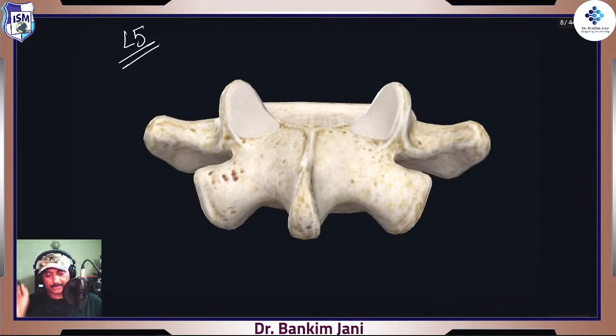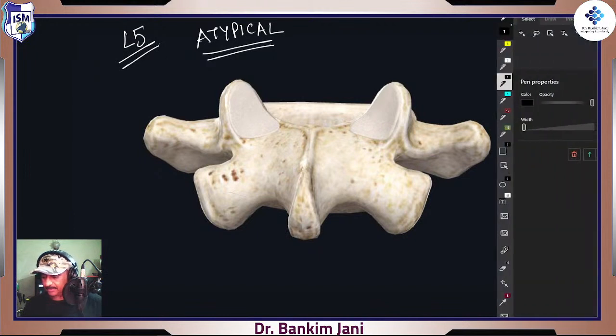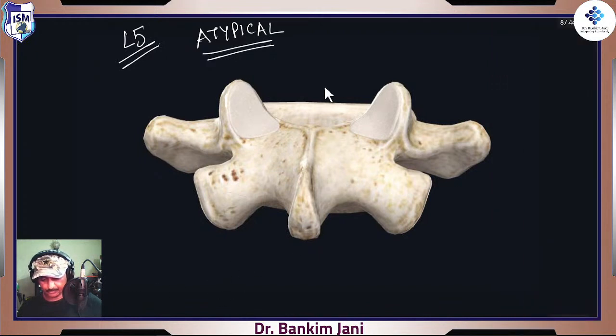First we are watching this L5. When we say it is atypical, the first thing we would like to see is this distance. I am drawing this distance and this distance so that it can be seen clearly.